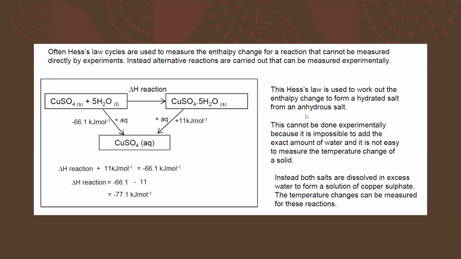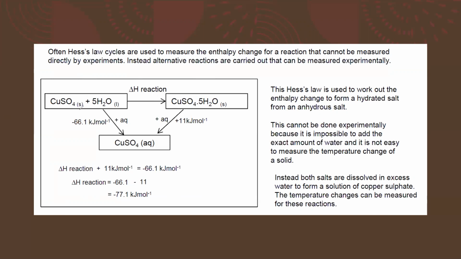Another example related to Hess's law. We have anhydrous copper sulfate. Anhydrous copper sulfate absorbs water molecules and becomes hydrated copper sulfate. The energy for dissolving hydrated copper sulfate and anhydrous copper sulfate is given.